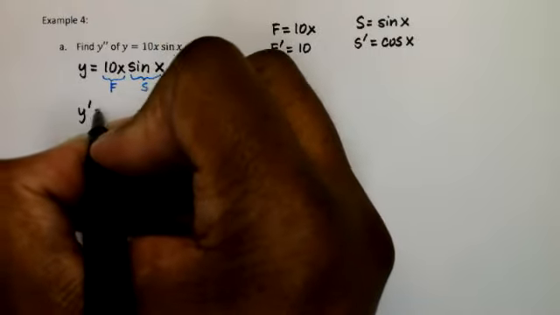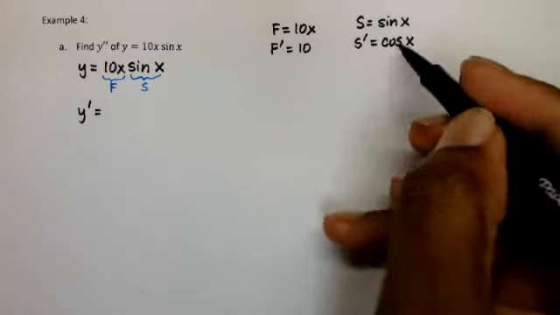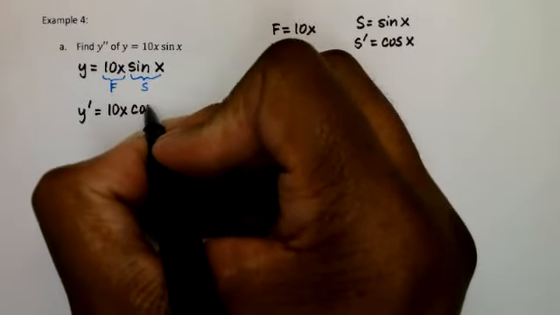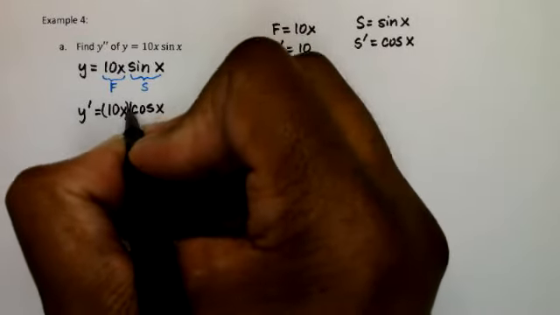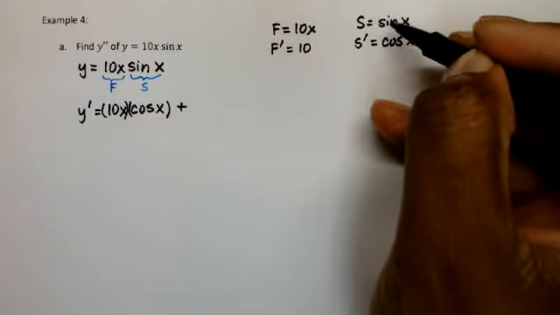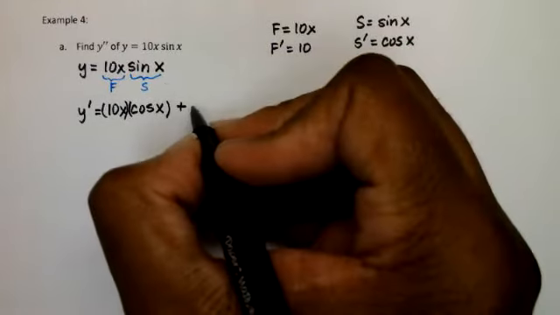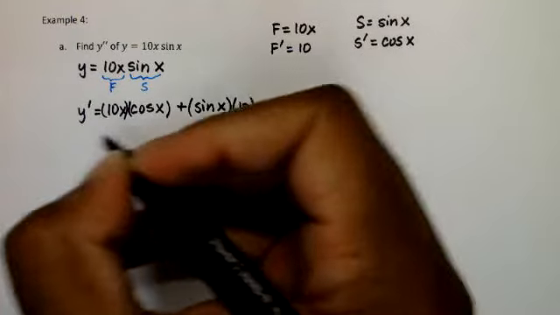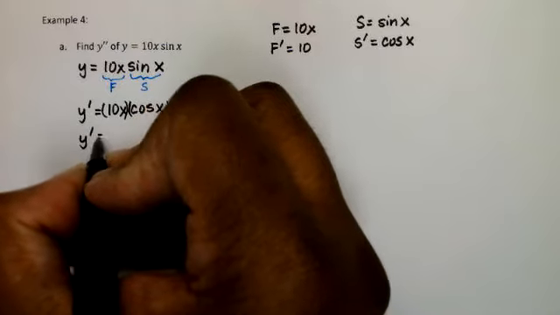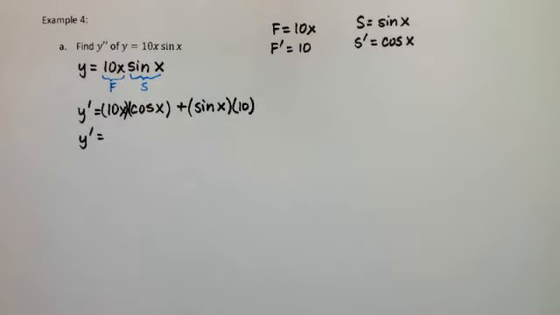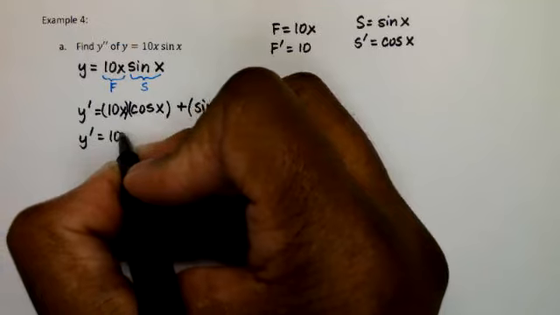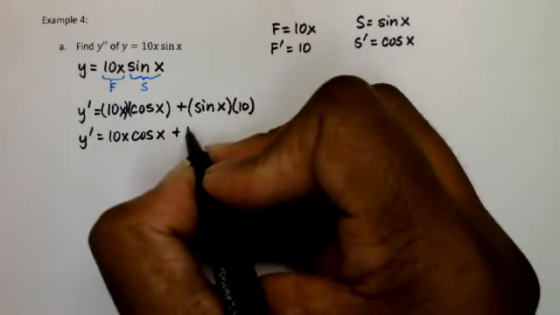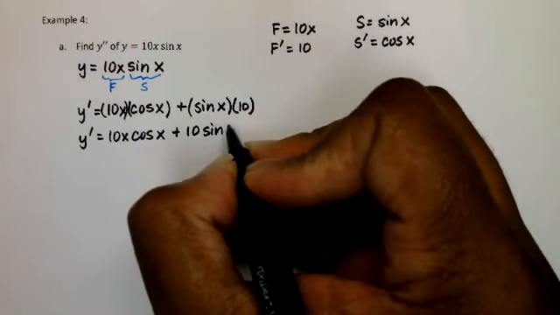So let's find y prime first. That's going to be first times the derivative of the second, which is 10x times cosine of x, plus the second times the derivative of the first, sine of x times 10. All right, so the first I'll have here is 10x cosine of x plus, I'll pull the 10 in front, so it'll be 10 times sine of x.